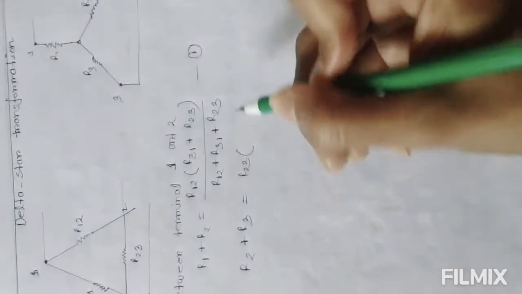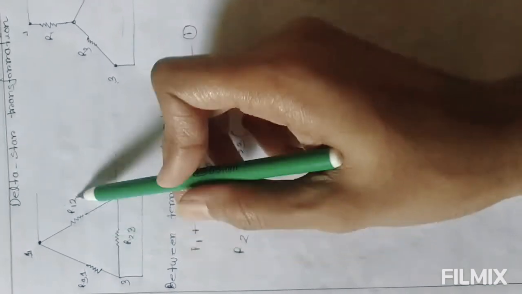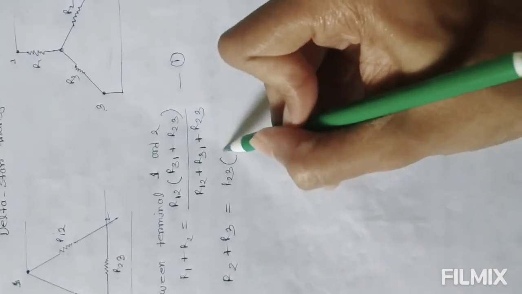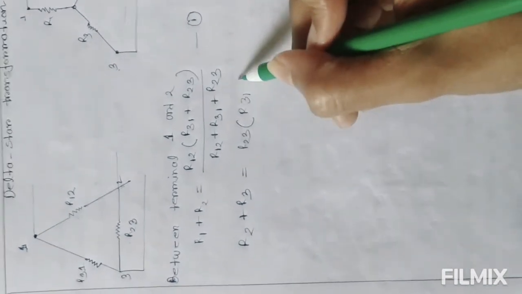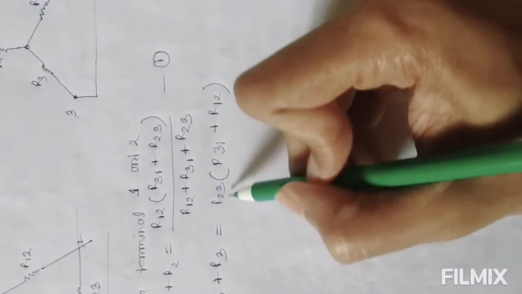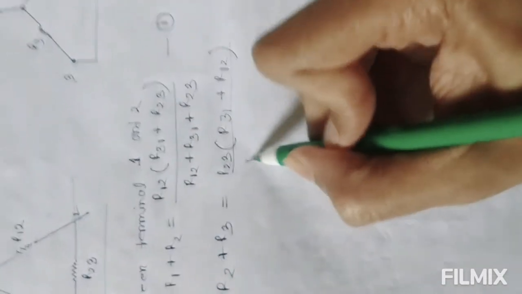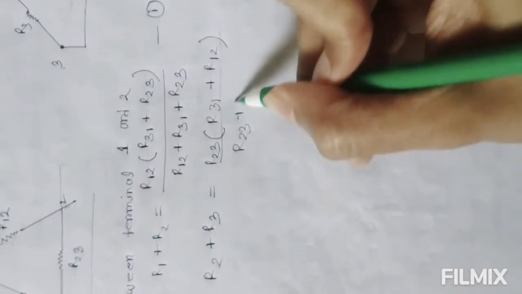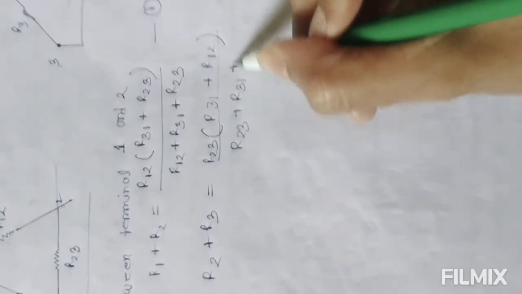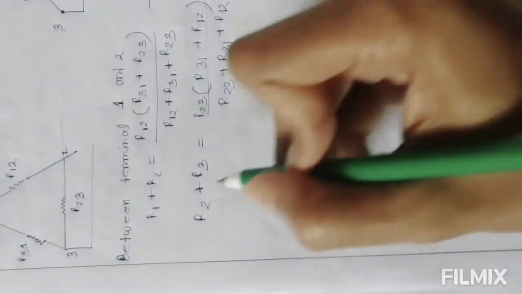R23 into R23, R31 and R12 are in series, so R31 plus R12, and then we write R23 plus R31 plus R12, and we call this equation two.